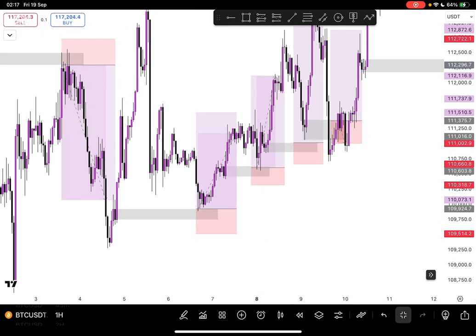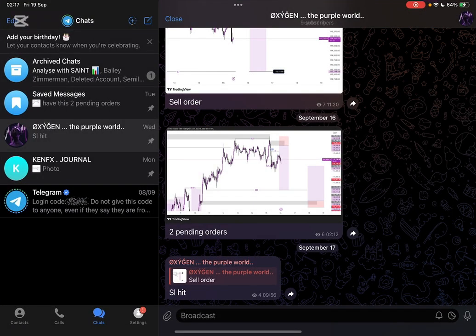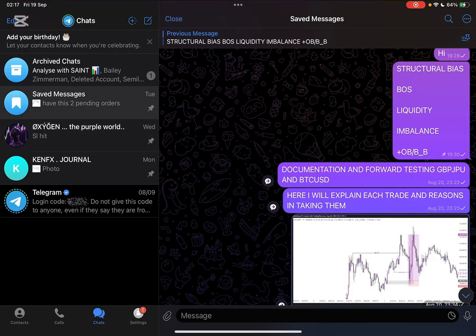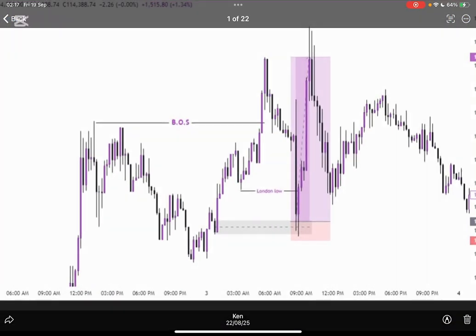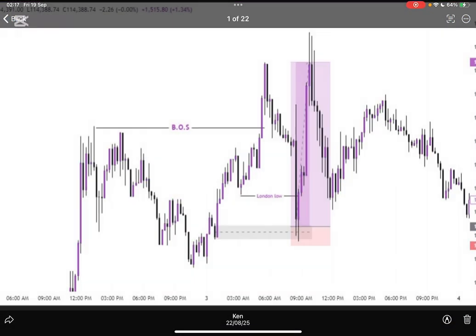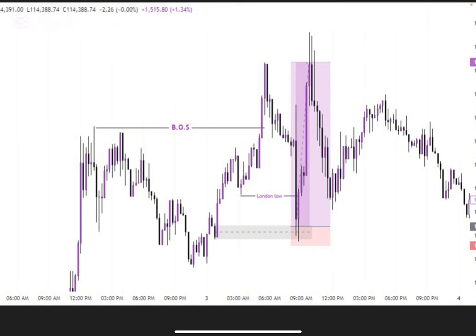Only the body. As you can see, even in this one here, only the body. Let me show you guys, even on my Telegram where I document all my trades, I've taken multiple trades, and even this one I took a very long time ago, you see only the body, and you can see the sniper shot.